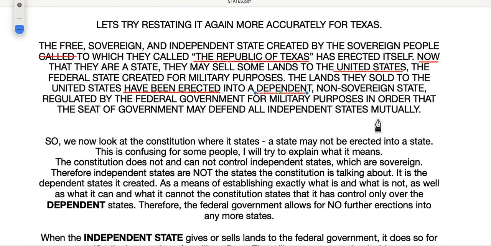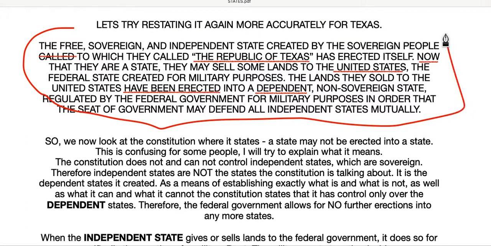So recently, Judge Napolitano said, what if one state seceded from the Union? A bunch of people went into that state and rejoined a union only for their own mutual defense. And that's what I'm telling you the Constitution says. That's what it does.